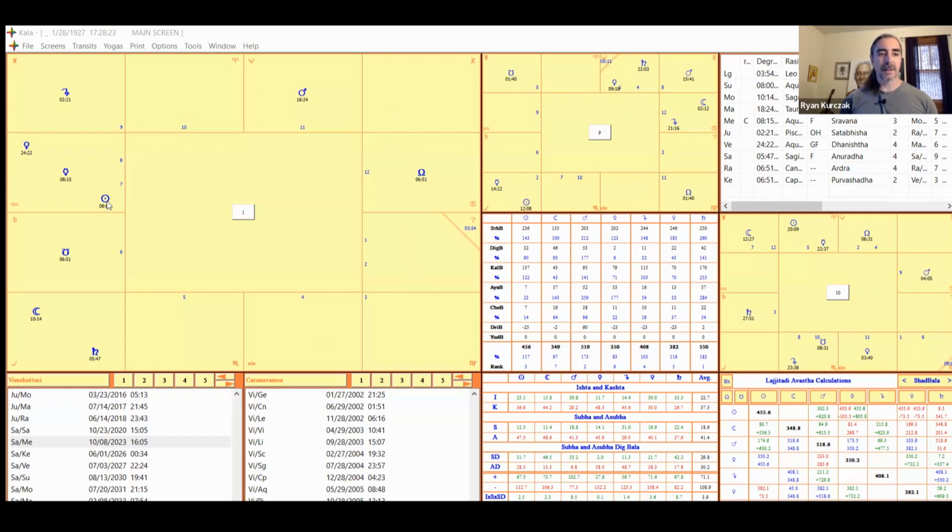Venus, Mercury, and Sun. And so if we want more information about how the 10th house is going to function, we go 10 houses away from the 10th house. And this gives us more information.